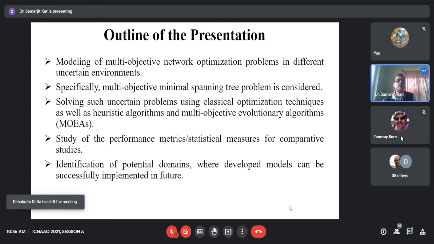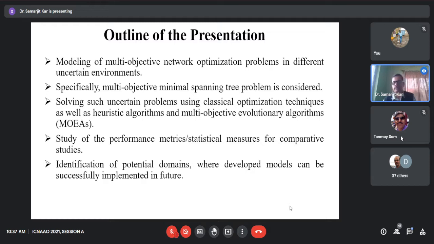Here there are also different uncertain domains, like fuzzy and type 2 fuzzy, because in the previous lecture we already had the idea of type 2 fuzzy systems. Also fuzzy rough systems and fuzzy random systems. My main target is how to develop such network problems in Liu's uncertainty-based optimization.